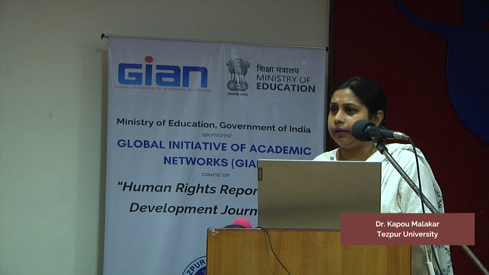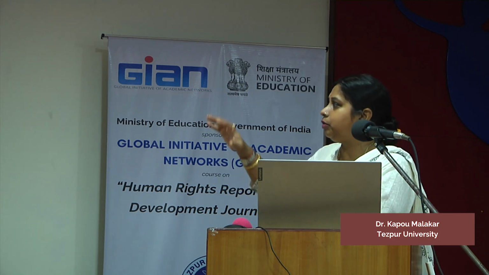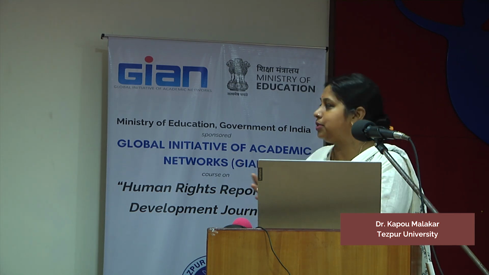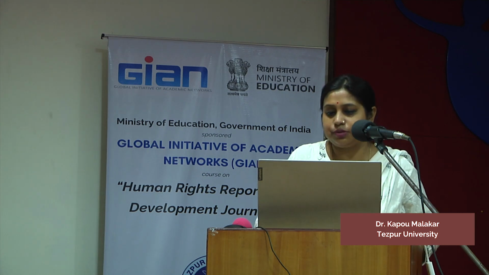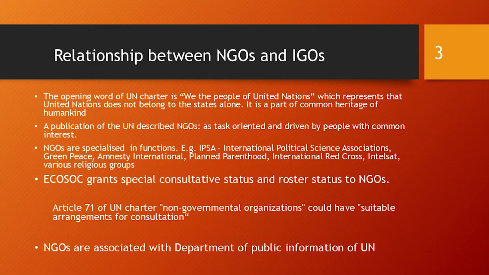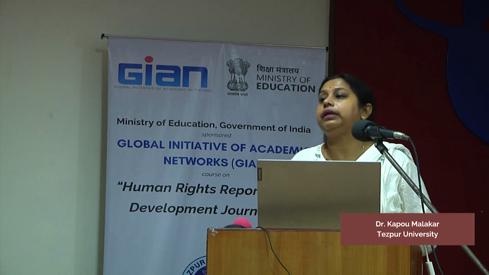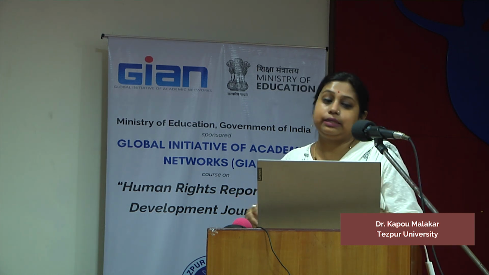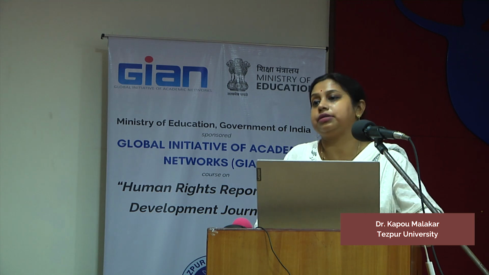This is the very introduction of understanding NGOs, how we understand NGOs and VOs. Then we try to look into the relationship between NGOs and IGOs. NGOs are non-governmental organizations, and IGOs are intergovernmental organizations. So NGOs usually play a role in intergovernmental organizations and international communication.